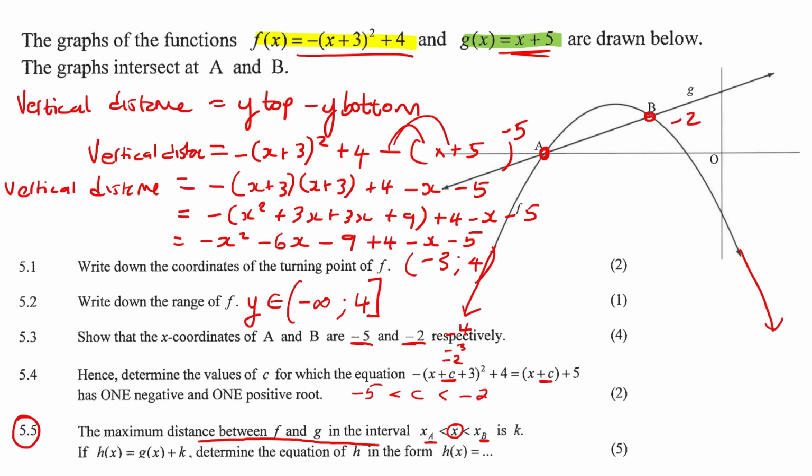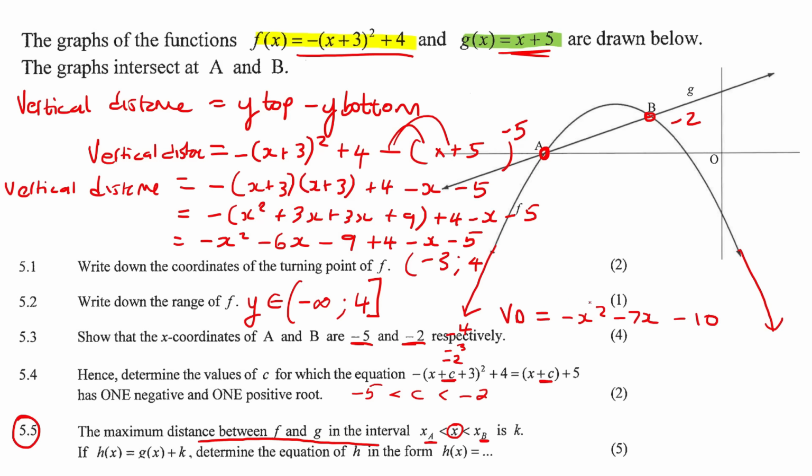Okay, I'm going to move down to here now. And so that's going to give us negative x squared, take away 7x because of that. And then these two would become negative 10, negative 10. Okay, and that's equal to the vertical distance. I'm just going to say vertical distance like that.